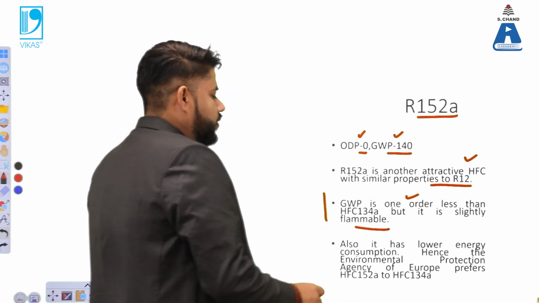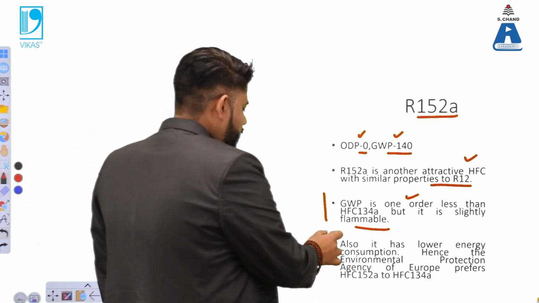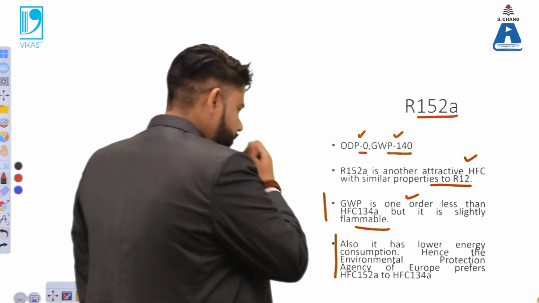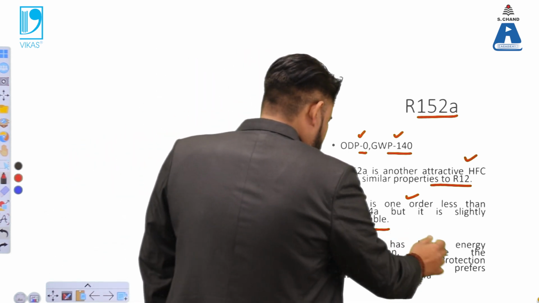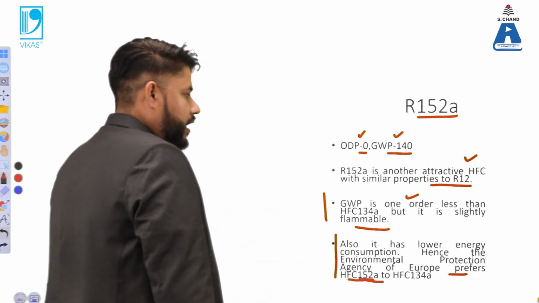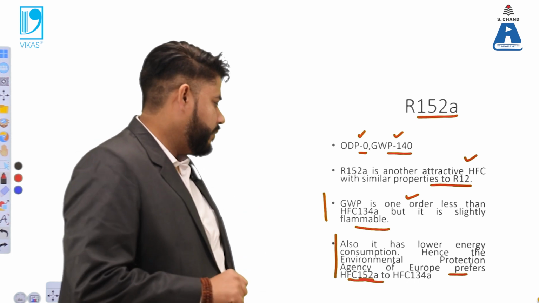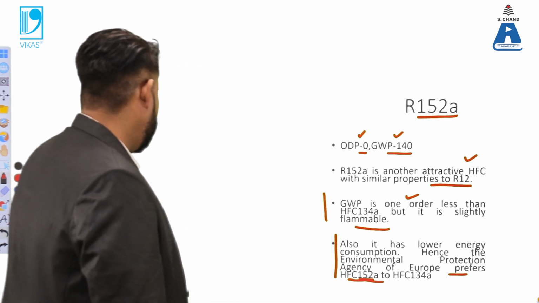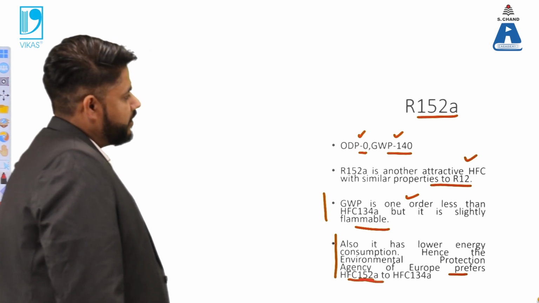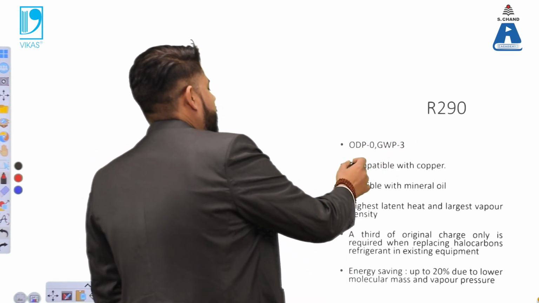If it is flammable, then it is also not acceptable, and it also has lower energy consumption. The Environmental Protection Agency of Europe prefers R152A over R134A. So if I compare both of them, as per the European Environment Protection Agency, R152A is basically used.